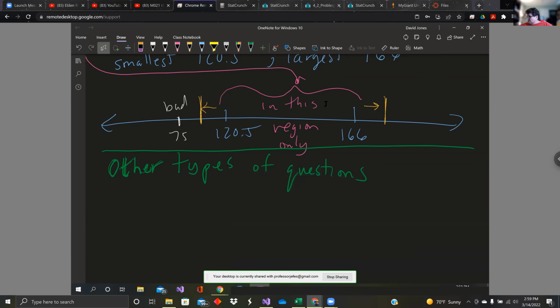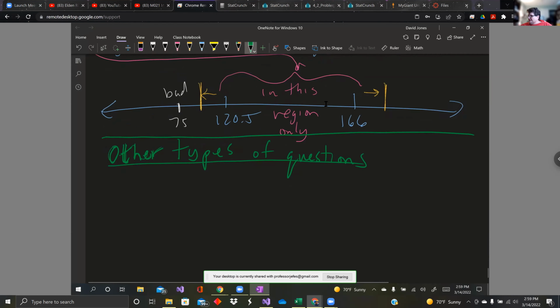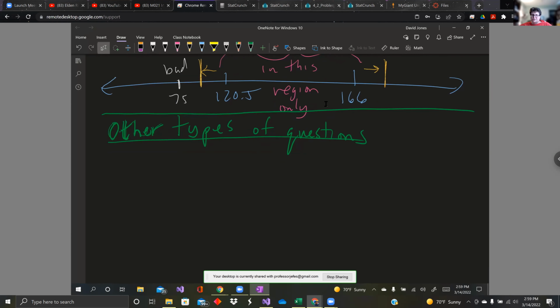So types of questions you'll see. Obviously, I'm going to use the bear data, but this extends to other types of problems that you'll see. If we find a 160 centimeter bear weighing 139 kilograms, is the bear heavier or lighter than the average bear?